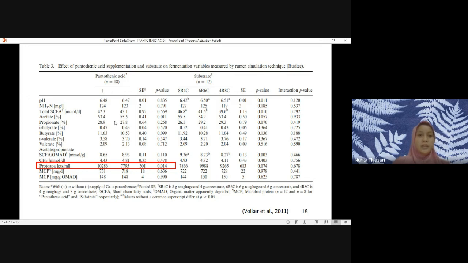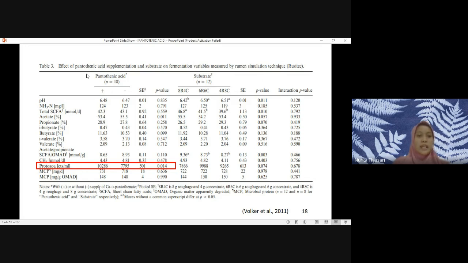So here the authors mention that with pantothenic acid addition, acetate is less, probably because the digestibility is faster.